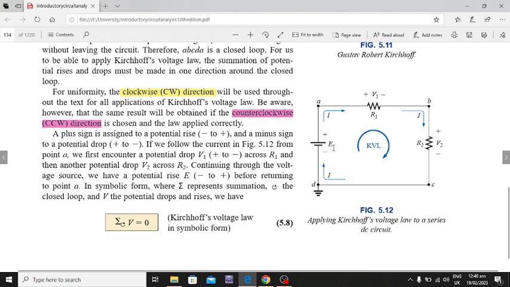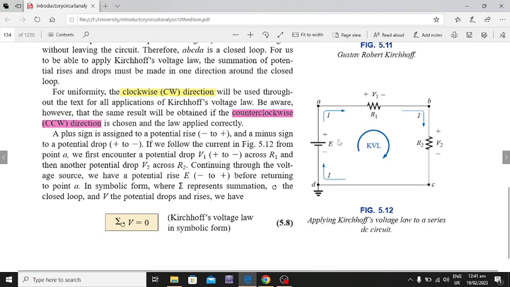See that this is the potential rise. I am going in the clockwise direction. Here this is the DC source, DC power, whatever the source is.